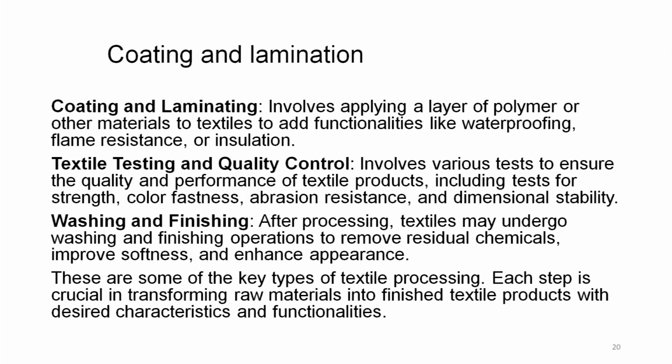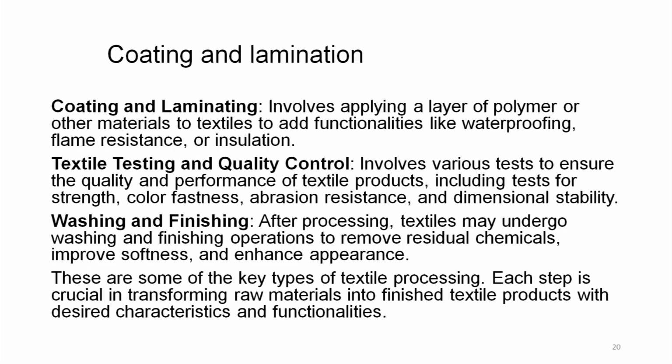Washing and finishing. After processing, textile may undergo washing and finishing operations to remove residual chemicals, improve softness and enhance appearance. These are some of the key types of textile processing.